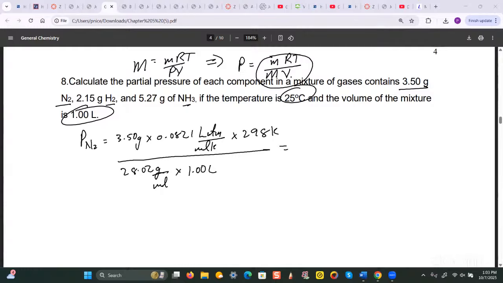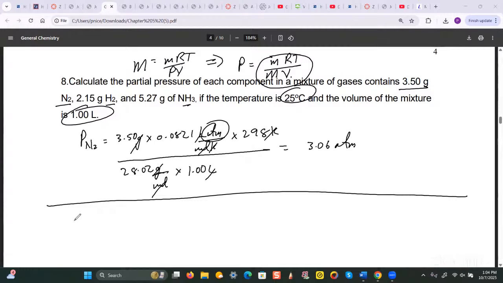Okay, so according to my calculation, this works out to be 3.06, and the units will be atmospheres, because we'll have some cancellations here. Grams will cancel out, moles will cancel out, Kelvin will cancel out, liters will cancel out. So the only unit remaining will be the atmosphere unit. And that's how we calculate the pressure of nitrogen. Basically it's the same calculation for all the other gases. So let's do so for the hydrogen.